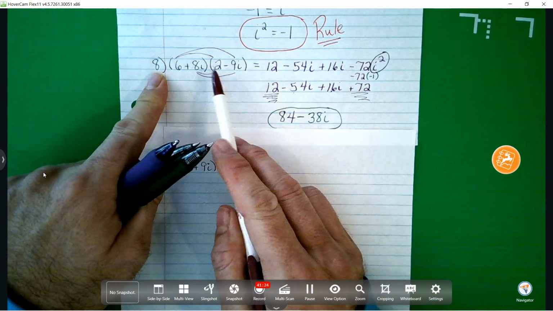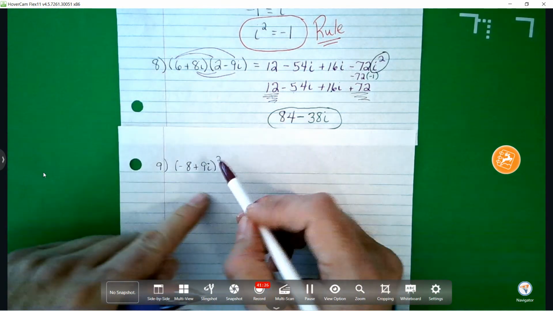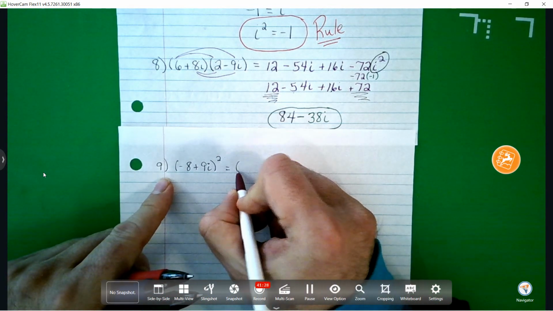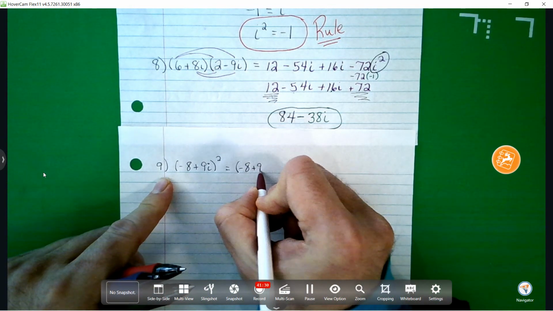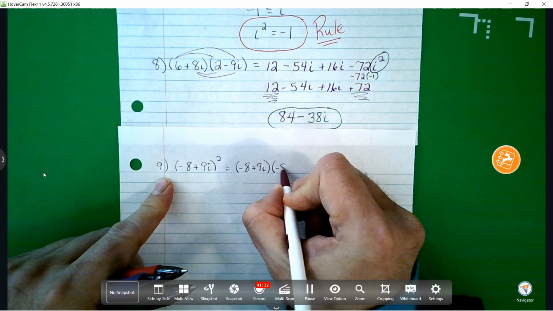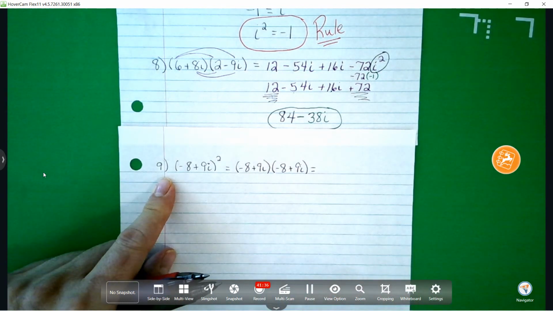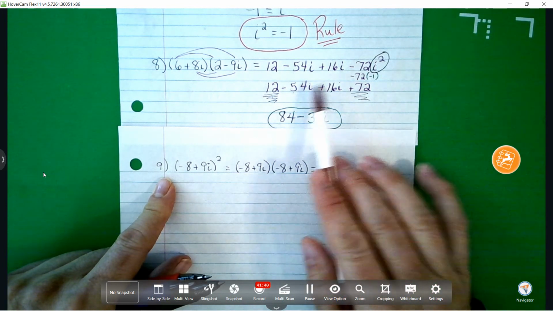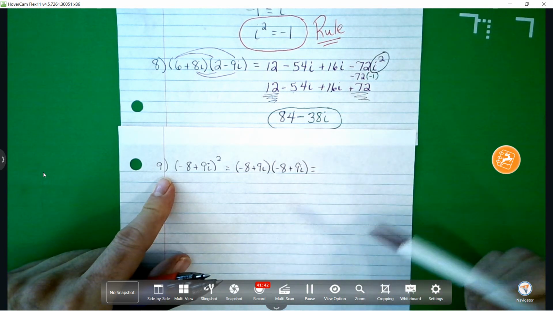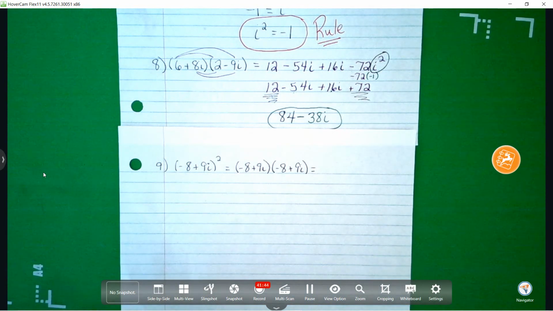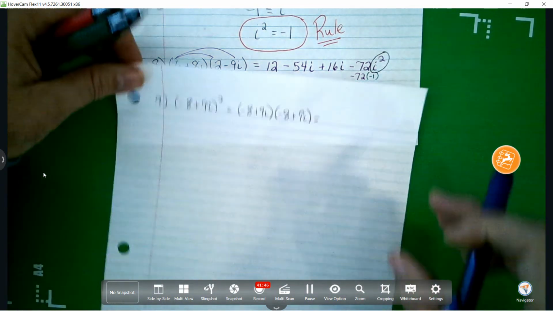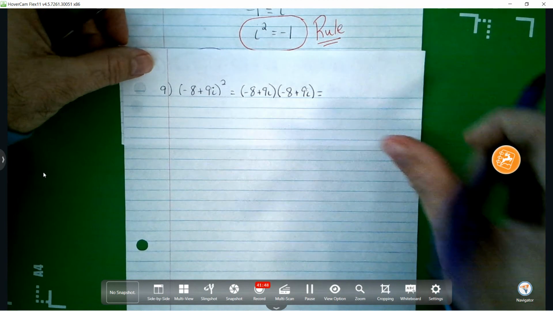What do I mean? This one has two sets of parentheses. Doesn't square mean times itself? So just write it out twice and then FOIL it out, replace the i squared with negative 1. Exactly the same type of problem. Okay? So square means times itself.